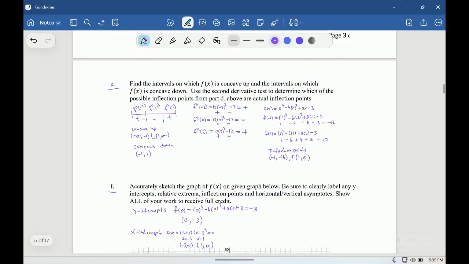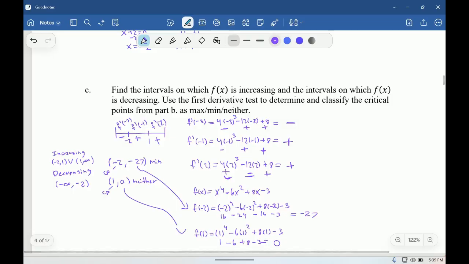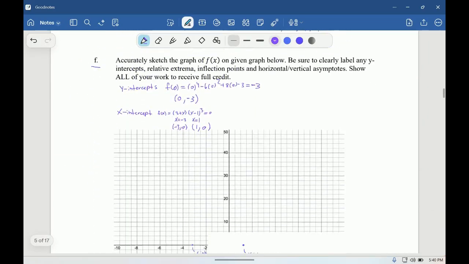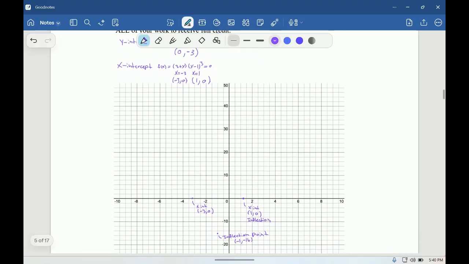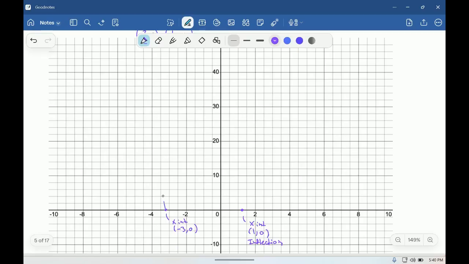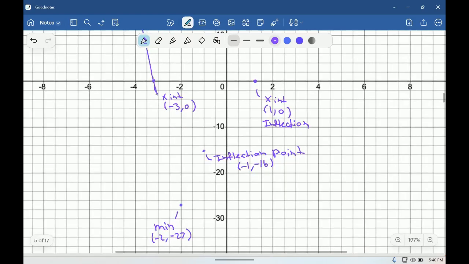We know from over here that this is going to be decreasing, but we also know that this is going to be positive, so it's going to be coming from positive infinity, decreasing, passing through our x-intercept. We're going to want to reach our minimum right here.